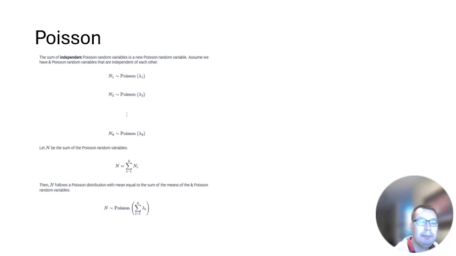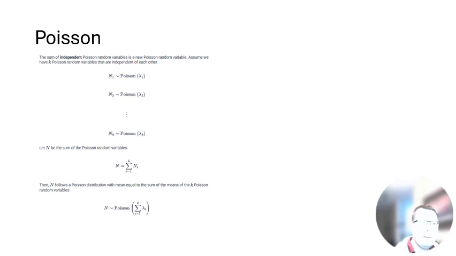The sum of independent Poisson random variables is a new Poisson random variable. This is expressed as follows. If N1 is a Poisson distribution with lambda 1 as the parameter, N2 is a Poisson distribution with lambda 2 as a parameter, and so on and so forth, then when you add them up, N equal sigma N_i, i from 1 to k, this N will follow a Poisson distribution with mean equal to the sum of the means of the k Poisson random variables.